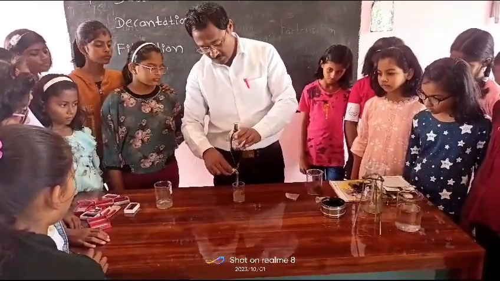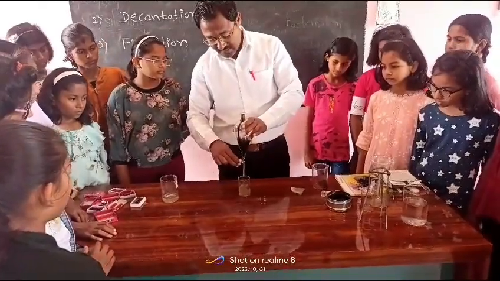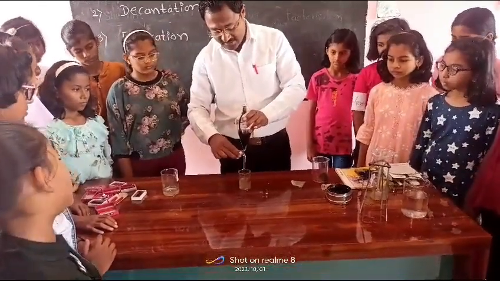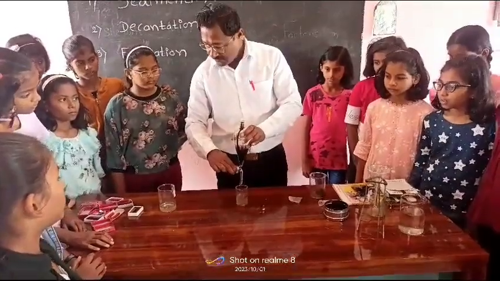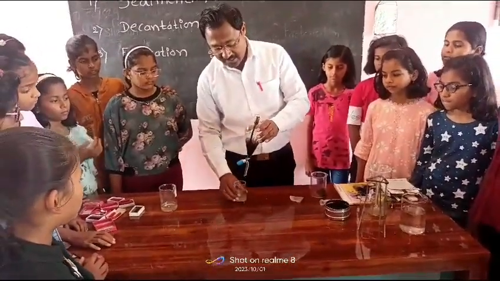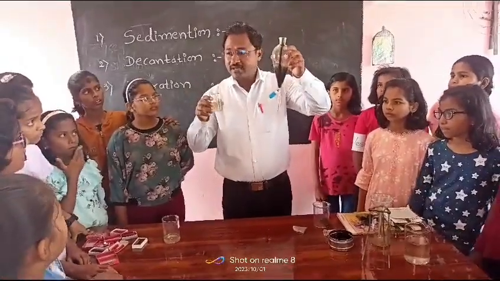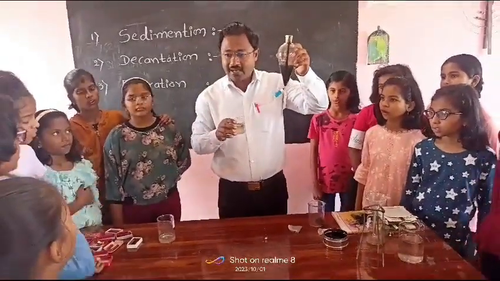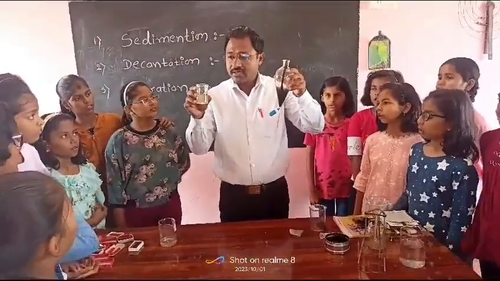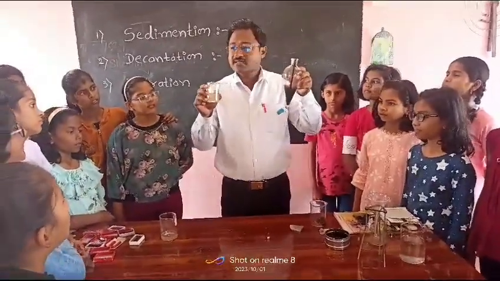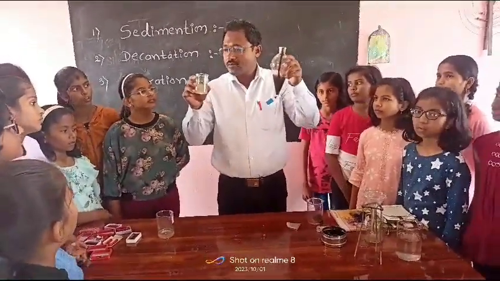And now I close the cork as soon as all the water falls into the beaker. Now we can see the two liquids are separated. In the funnel there is oil and in the beaker there is water. In this way we can separate the oil and water mixture.